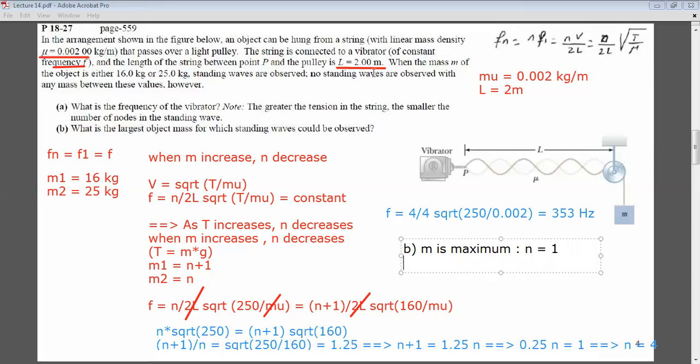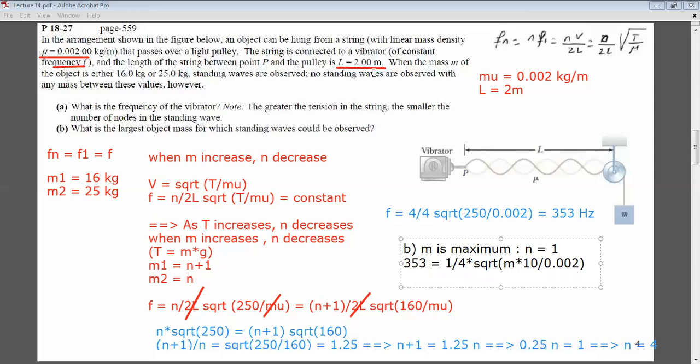So I go to our equation, frequency is equal N over 2L, so I will put 1 over 4 times square root of tension, which is M maximum that I'm interested in, times 10 divided by mu, which is 0.002. And the frequency is constant, we calculated it, it is 353.